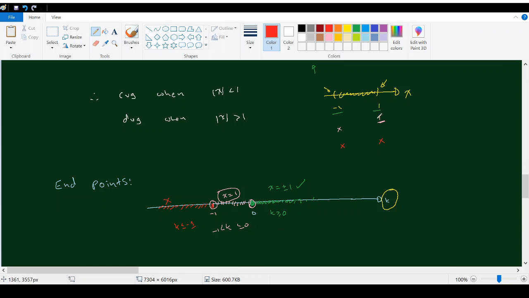So now don't mix these two diagrams, right? This diagram represents the value of k and this diagram is for the value of x.